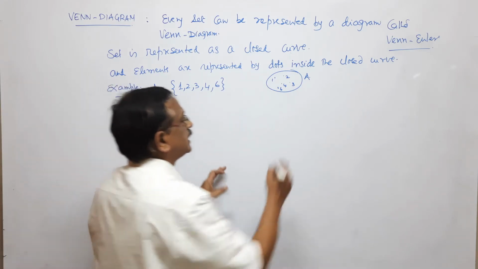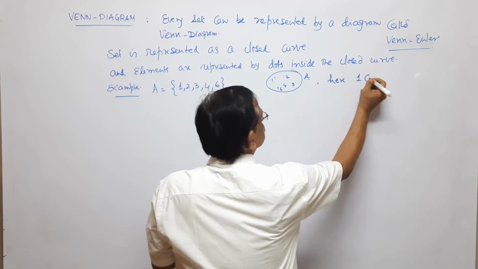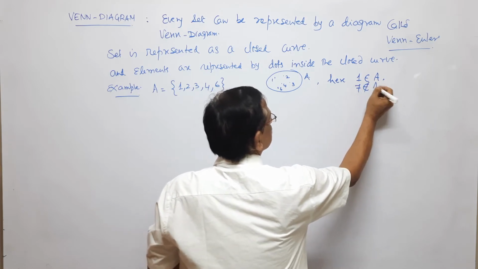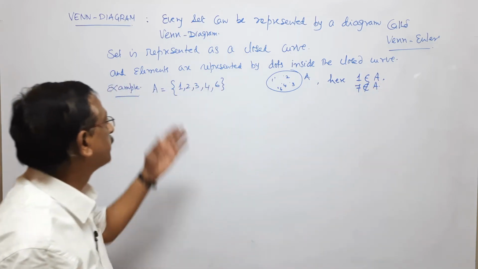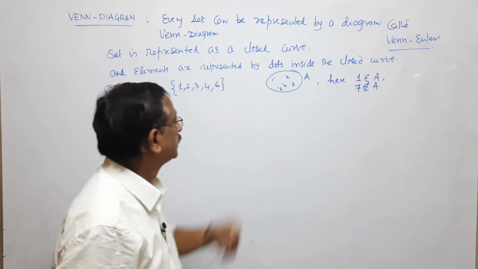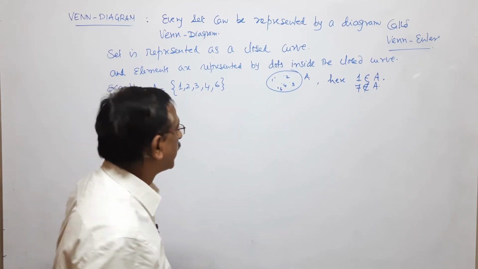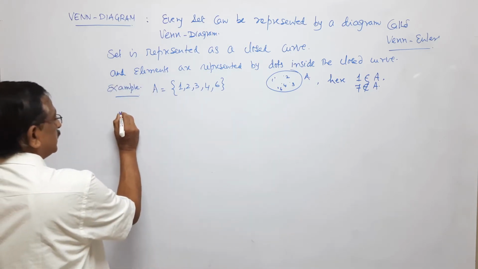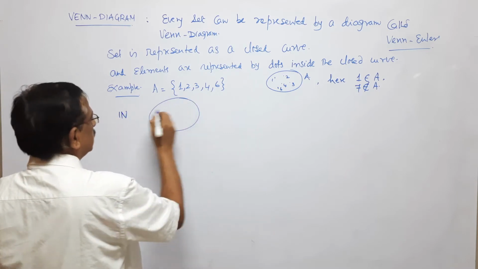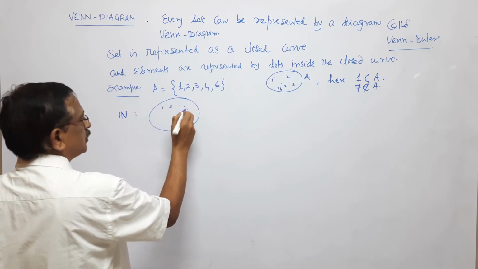So what I can say is here 1 belongs to A and 7 not in A. I'm talking about a particular set, 1 to 7. This is the way of writing the Venn diagram. Suppose N is given. Simply we'll write down N. That's all. If N is a set, N can be represented with 1, 2 and so on like this.